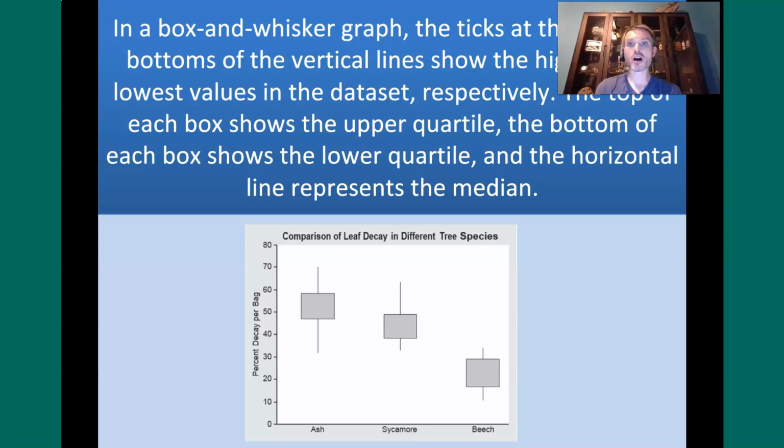The top of the shaded box represents the upper quartile of those data points, and the bottom of the shaded box represents the lower quartile. And if we had a horizontal line, that's going to represent the median in that example.